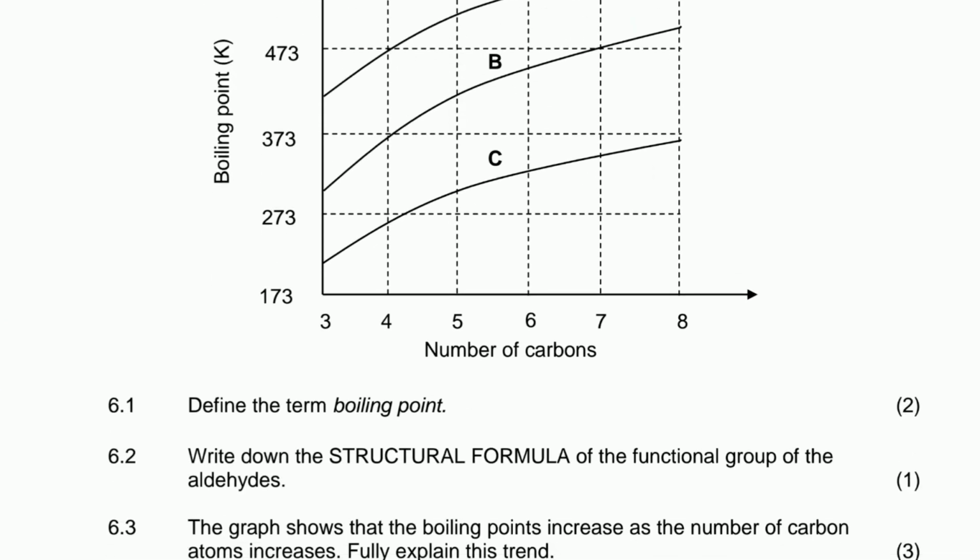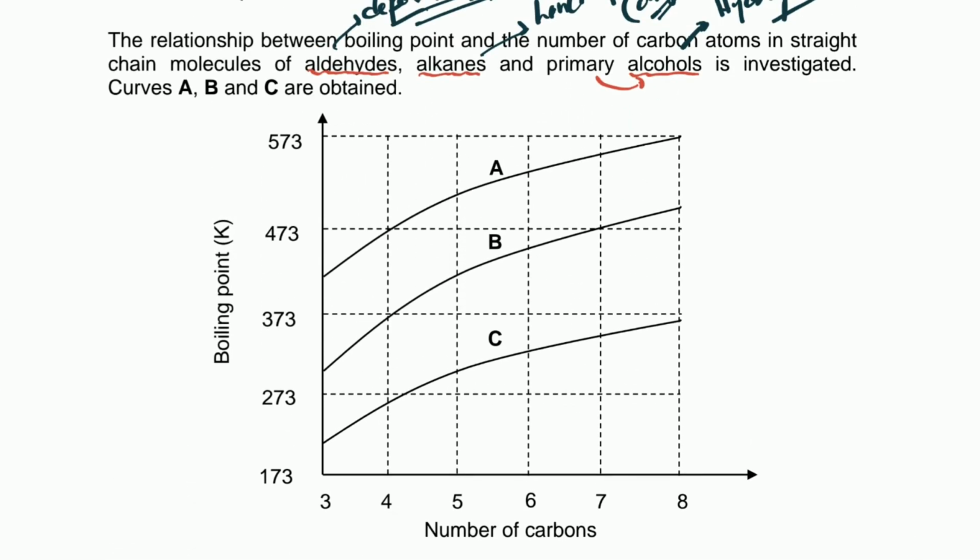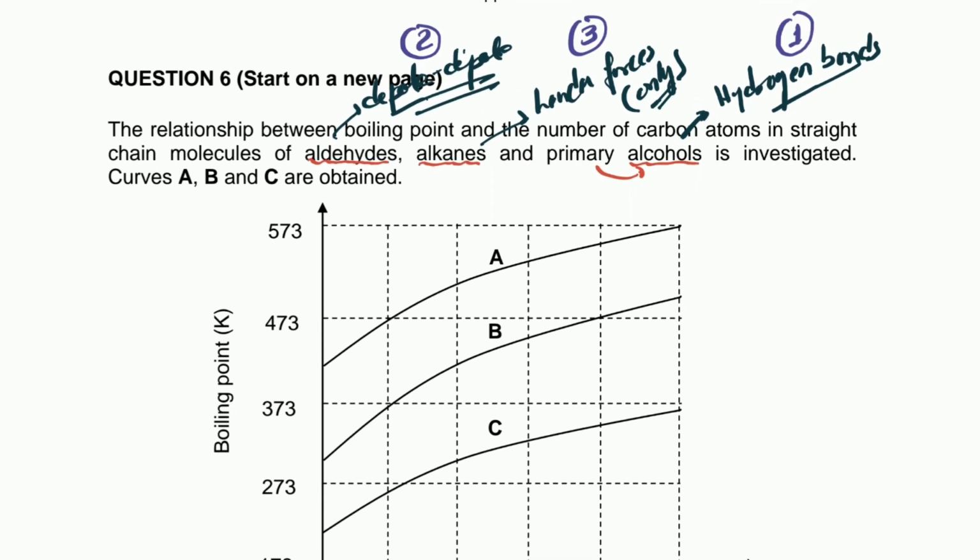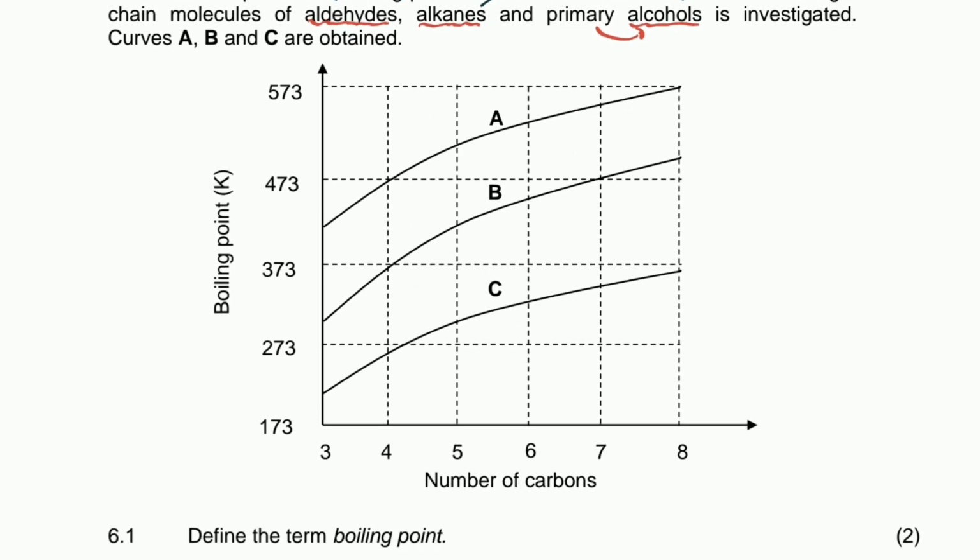Now, when we go to the question here, the boiling points are increasing for each of the compounds. And remember, the relationship says that the stronger the intermolecular forces, the higher the boiling and melting point for the same number of carbons. So if you see here, for instance, for 8 carbons, A will have the highest boiling point.